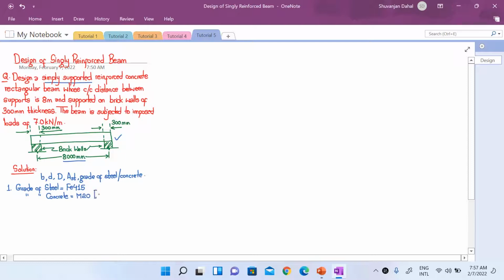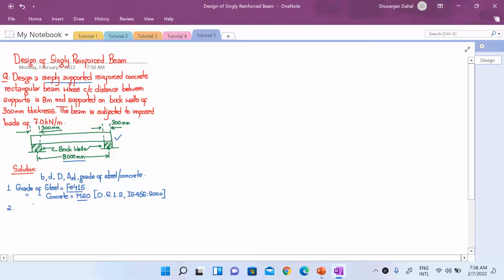If you go and see clause number 6.1.2 of IS 456:2000, in this clause you will find that the minimum grade of concrete to be used in reinforced concrete structures is M20, and that is for mild exposure. So these two are the grades of concrete and steel that we will assume.